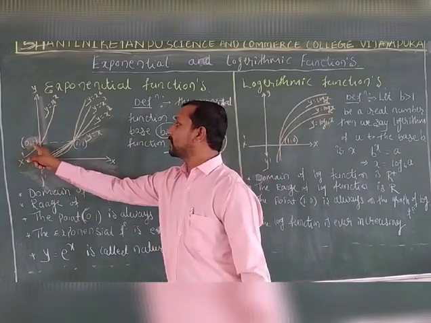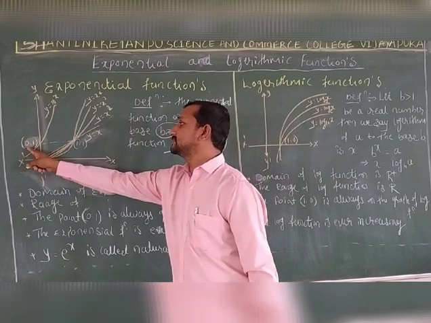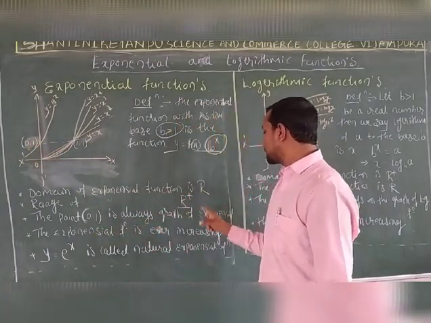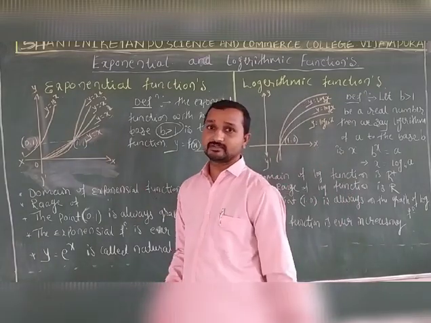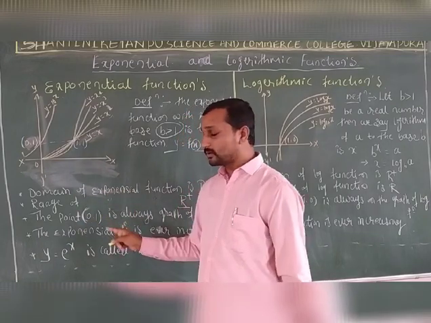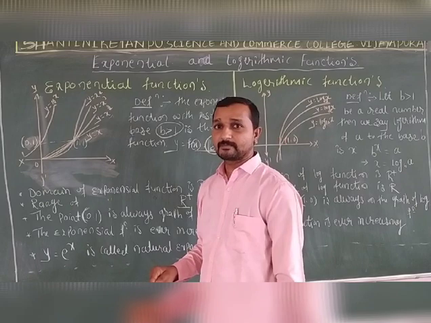The point 0, 1, where x is 0 and y is 1, is always on the graph of the exponential function. Remember students, the ordered pair 0, 1 is always on the graph of the exponential function.